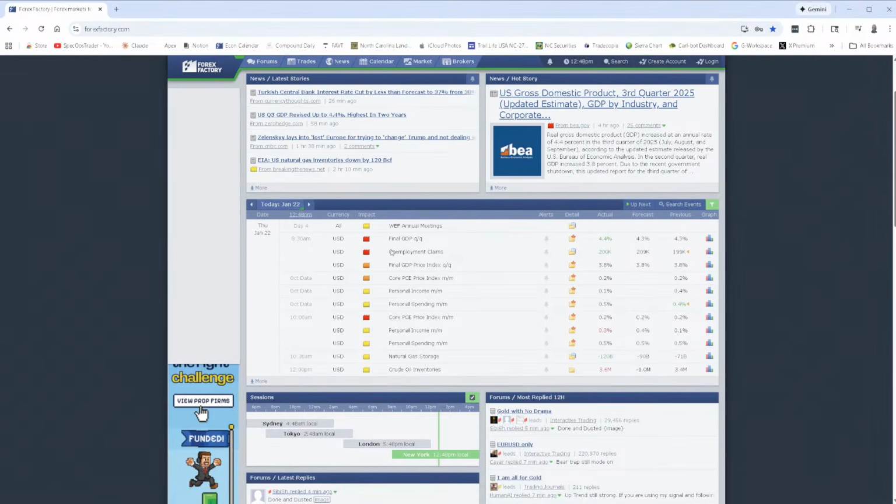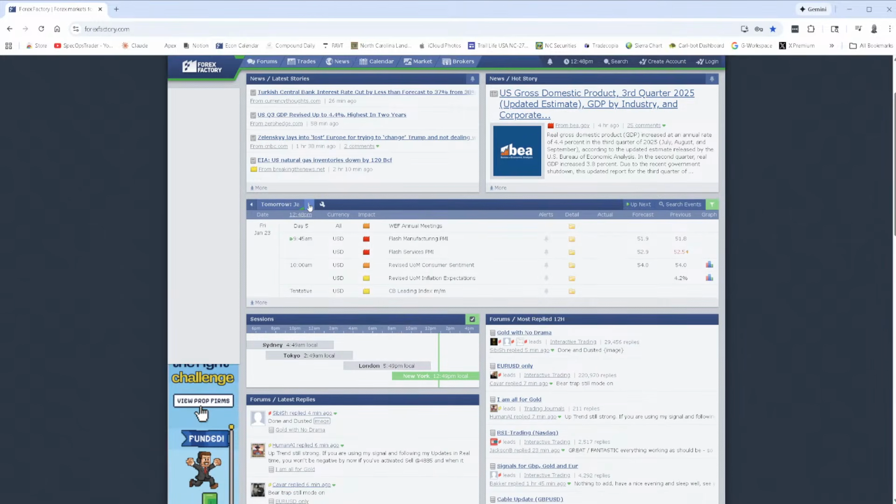So here is today. We did GDP or PCE, kind of mixed. Tomorrow we have flash PMI at 9:45, so I guarantee the market will be moving and shaking. When we have an event like this that is basically co-located time-wise with the open, I will not trade that.